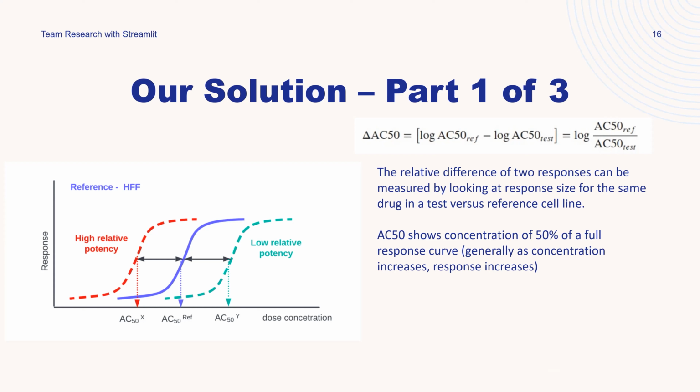And so what we're looking for, of course, is a chemotherapy that's selectively deadly, killing the tumor versus your healthy cells. So the conventional way to do that is to look at what's called the AC50. AC50 is the concentration at 50% of your dose response.